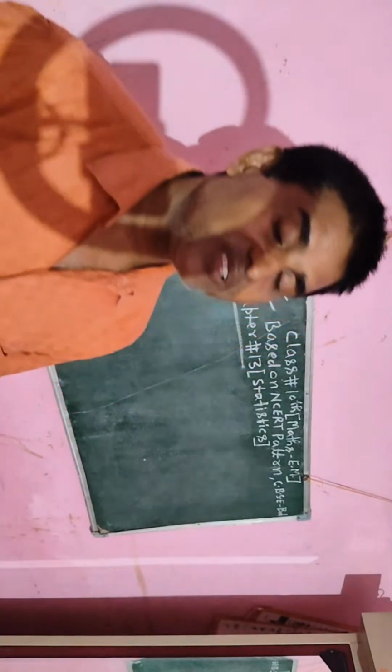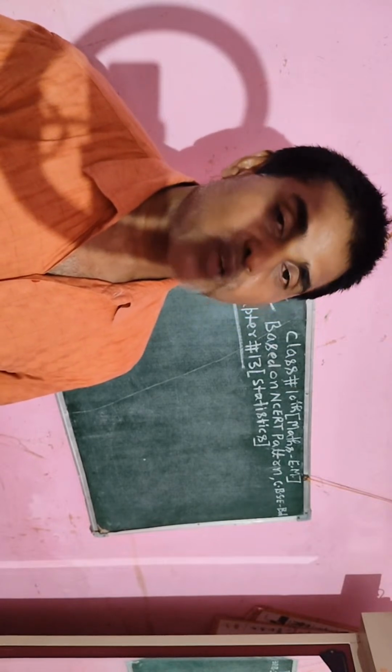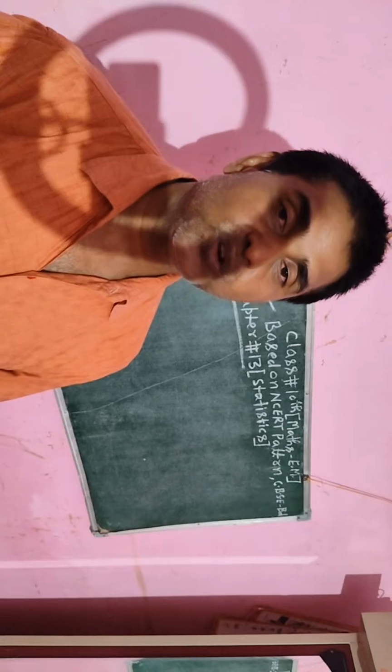Okay, now in this case I will state the formula for the mode of group data. Mode is equal to L1 plus, in the bracket, f1 minus f0 divided by 2f1 minus f0 minus f2, in the bracket I will write h.